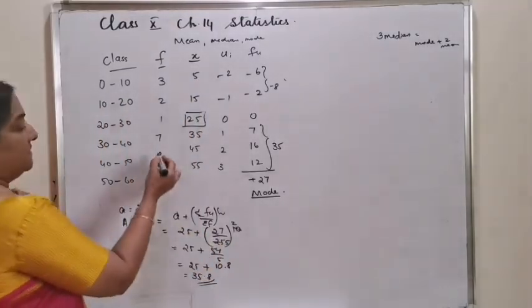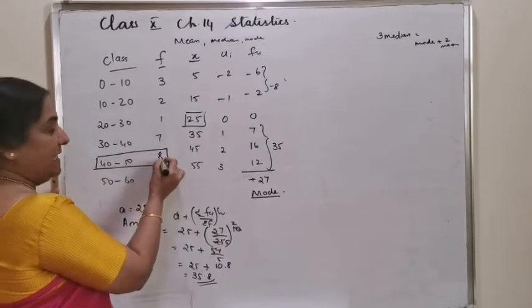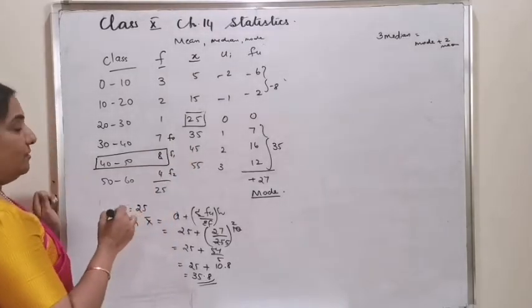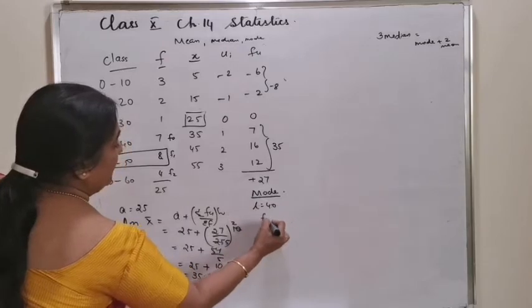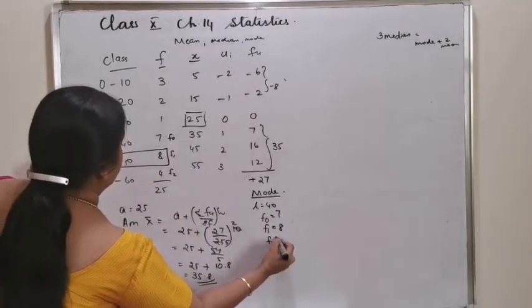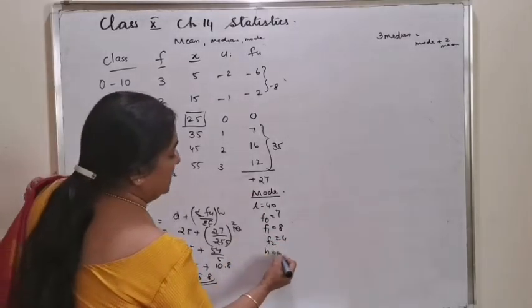Mode is select the class with the maximum frequency. The maximum frequency is 8. For mode, L is equal to 40, f0 is equal to 7, f1 is equal to 8, f2 is equal to 4 and class size h is equal to 10.